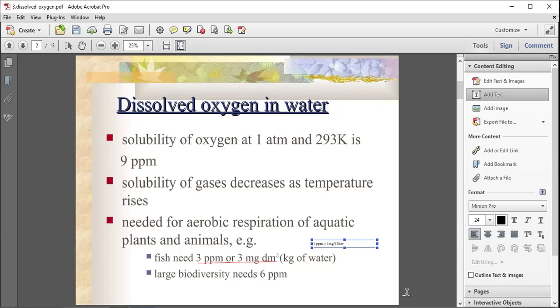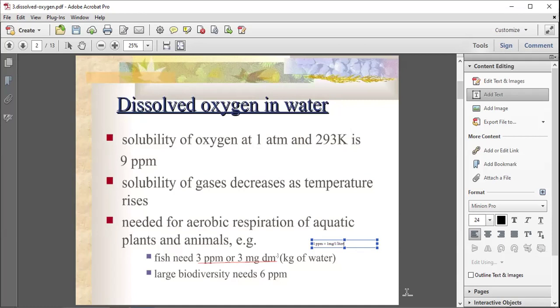They mention in ppm how much amount of juice. So what is the meaning of ppm? 1 ppm is equal to 1 milligram per liter. So approximately 1 milliliter is equal to 1 milligram as per the condition.